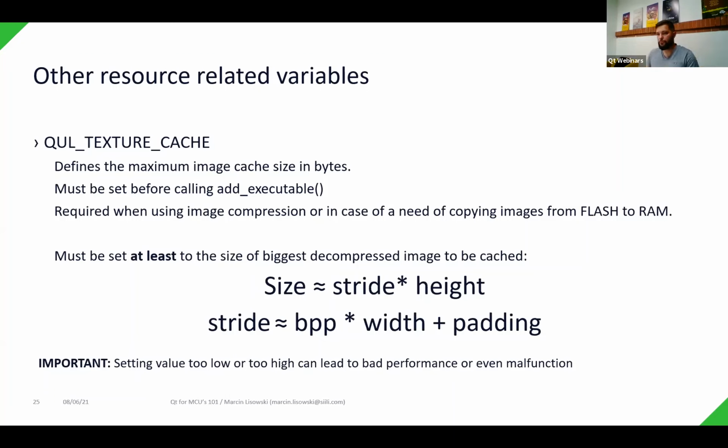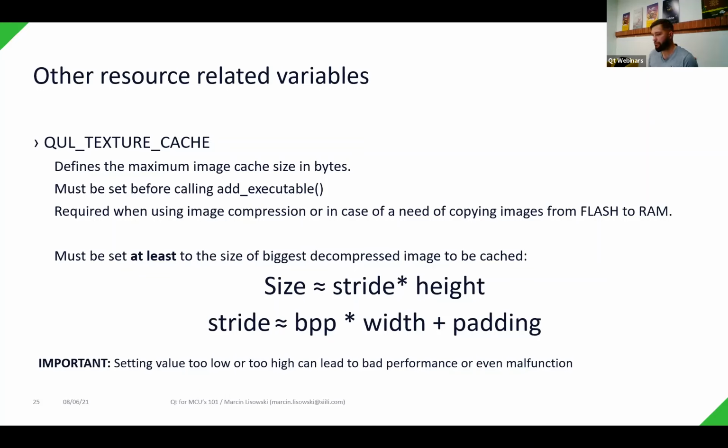The first most important thing regarding this variable is that it has to be defined before calling add executable in the CMake. Otherwise, it won't work. And well, it's required if you are using image compression, or if you are going to copy your files from the flash to RAM.